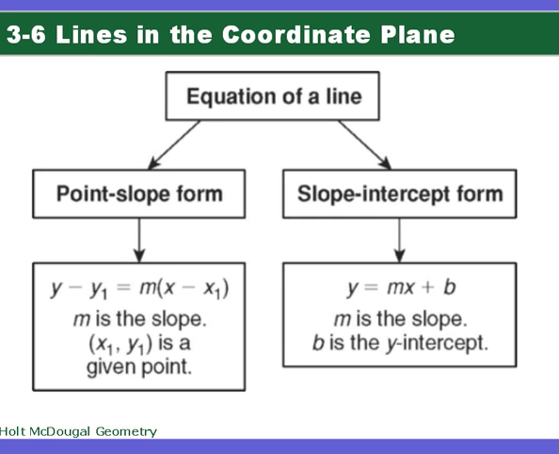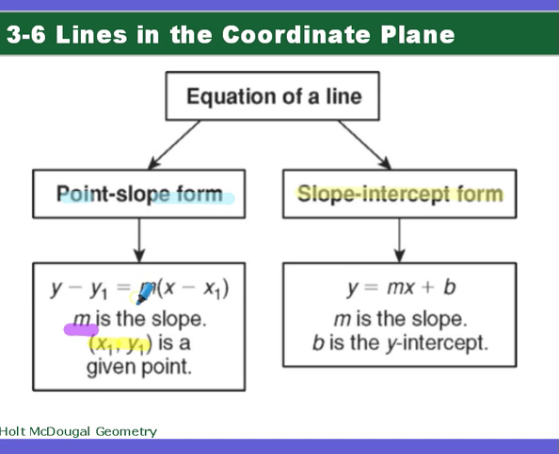So the two forms of an equation of a line that you're going to have to know are point-slope form and slope-intercept form. Point-slope form: if you have the slope of your line, which is m, and we know how to calculate slope, and you have the coordinates of a point, which are x1 and y1, this is your equation.